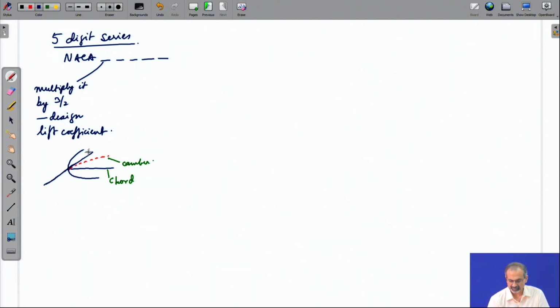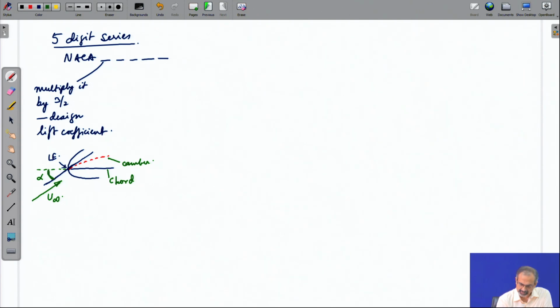This is approximately the tangent to that camber at the leading edge. This is your leading edge point, and what you are saying is that if your free stream is approaching parallel to this tangent, that basically defines your angle of attack.